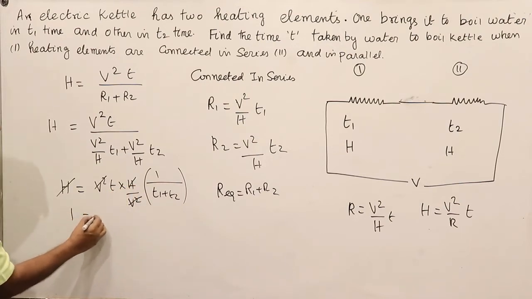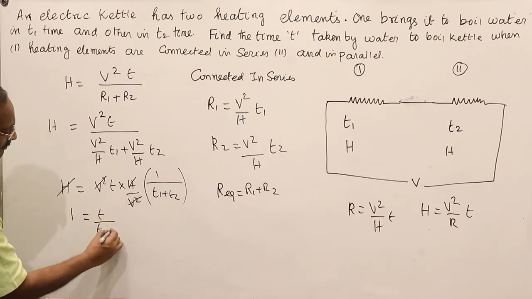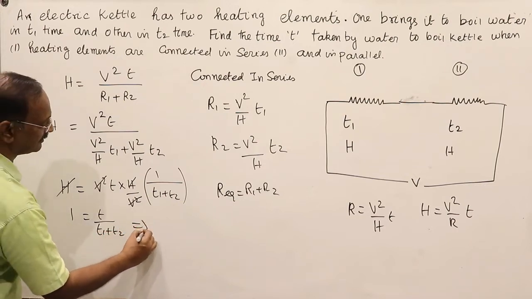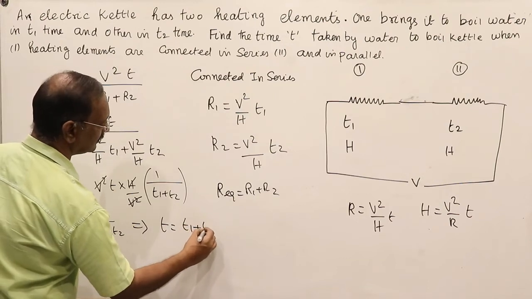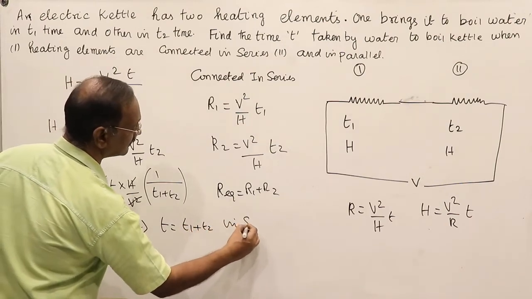It means 1 is equal to T by T1 plus T2. That implies the total time taken is equal to T1 plus T2 in series.